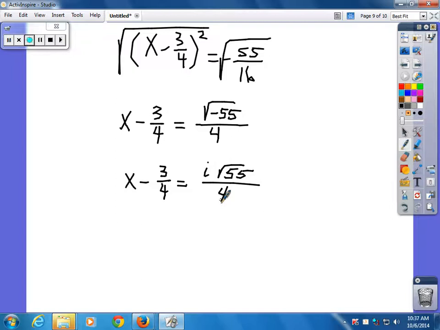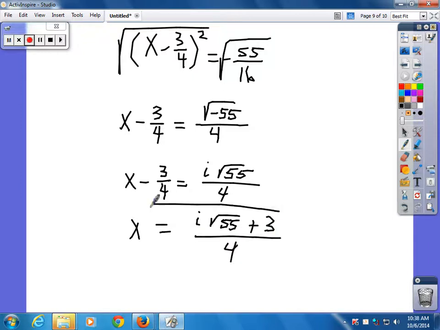Most of the time, it will be in exact answer form. They don't want it in decimal form. The only reason you get the square root in decimal form is so you know where to plot the x-intercept. So x is equal to i times the square root of 55 plus 3, all over 4. The reason I put it all over 4 is because it's a common denominator. So that's the form.